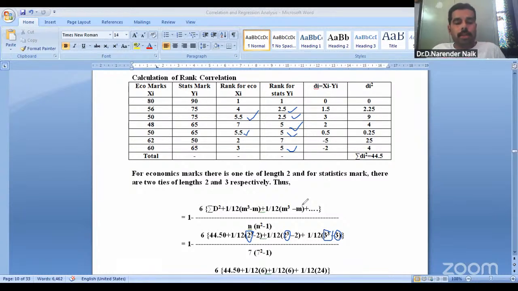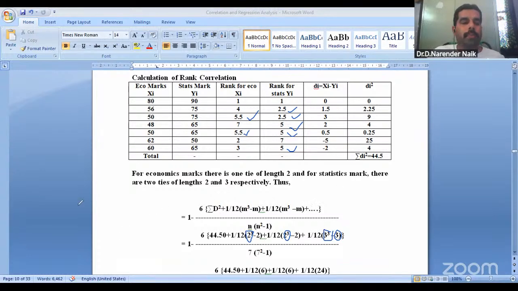So 1 minus 6 into 44.50 plus 1 by 12, 2 cube minus 2, plus 1 by 12, 2 cube minus 2, plus 1 by 12, 3 cube minus 3, divided by n into n square minus 1, that is 7 into 7 square minus 1.